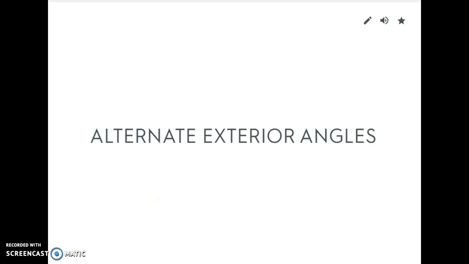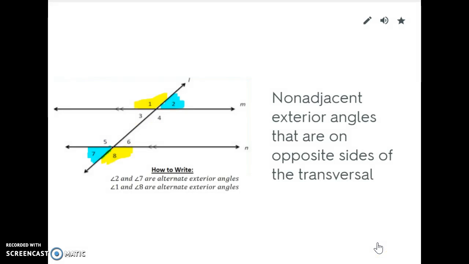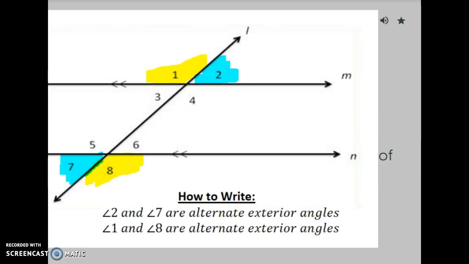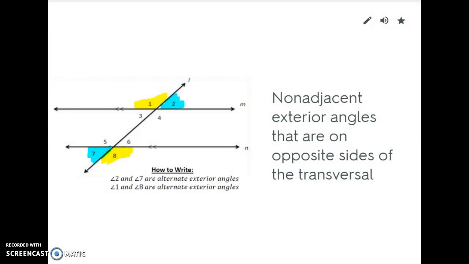Now that we know what exterior angles are, we have some special types of angles that deal with exterior and interior. The first one is alternate exterior. Alternate exterior is on the outside and the outside. So they alternate sides of this transversal.